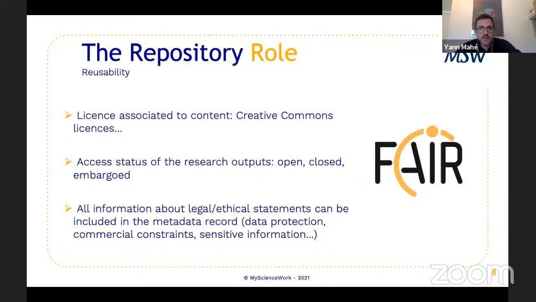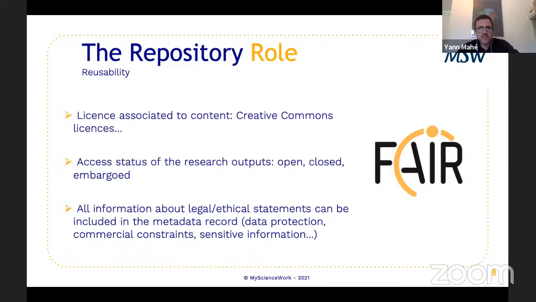The other thing is, of course, that the repository can provide clear support for data citations, like citable PIDs, as we said, or sustainable links to the content, to the metadata. And this is clearly something that can help users and researchers.